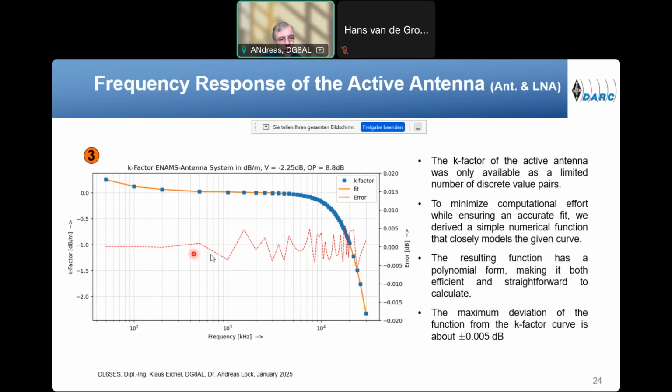And the red line shows the difference of the orange curve of the analytical function to the data points. If you look on the axis on the right-hand side, you see the deviation, which is better than 0.005 dB.